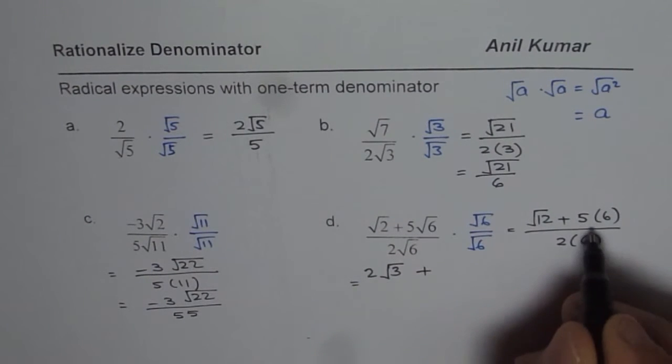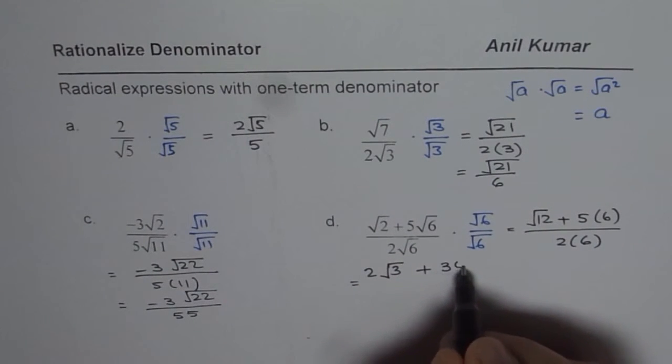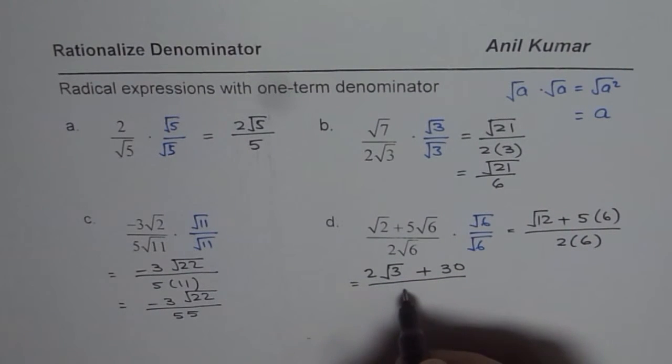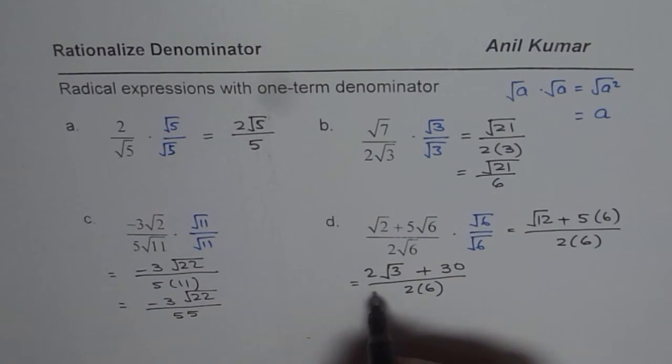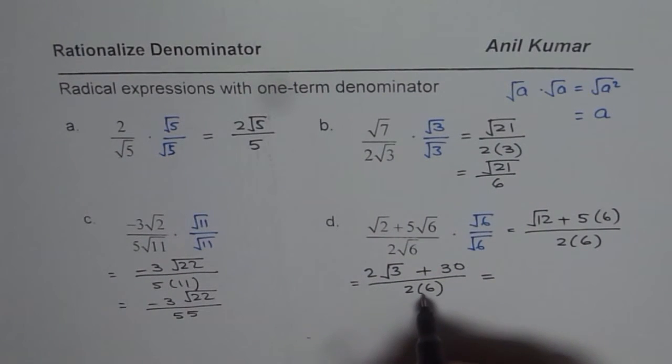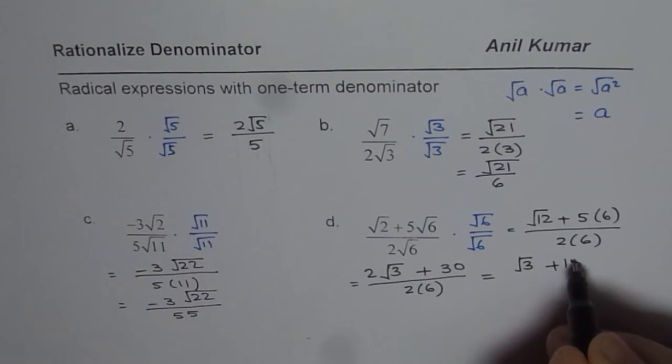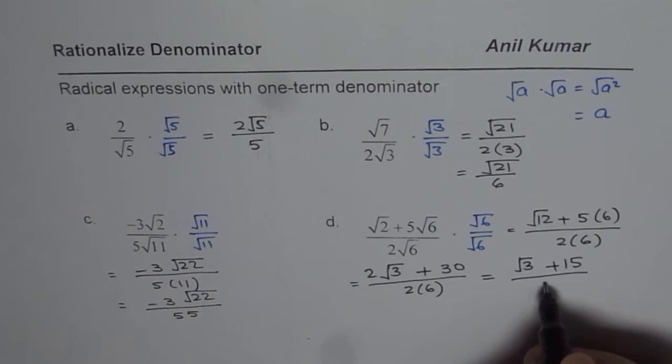Plus 30, 6 times 5, divided by 2 times 6, or we can cancel 2 later, right? So let me write 2 times 6 itself, and we'll simplify this, dividing each term by 2. So we get square root 3 plus 15 divided by 6.